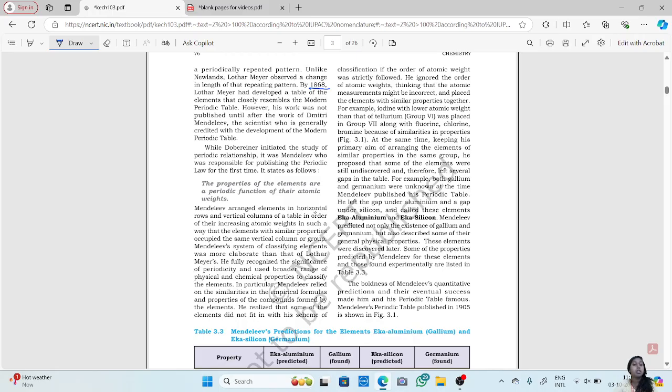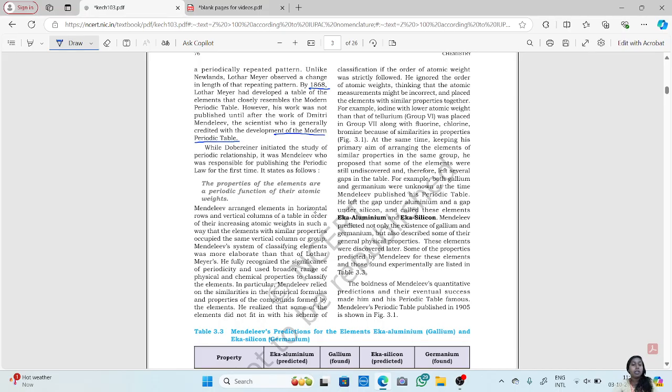However, his work was not published until after the work of Dmitri Mendeleev was completed. Only after Mendeleev's work was completed was it published, and Dmitri Mendeleev is credited for the development of the modern periodic table.